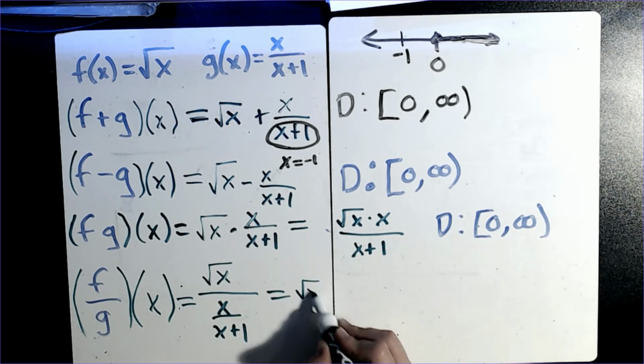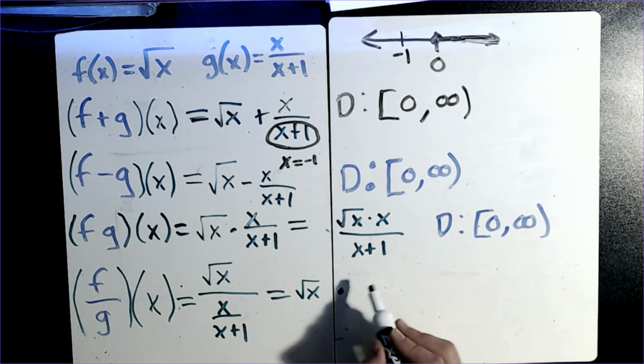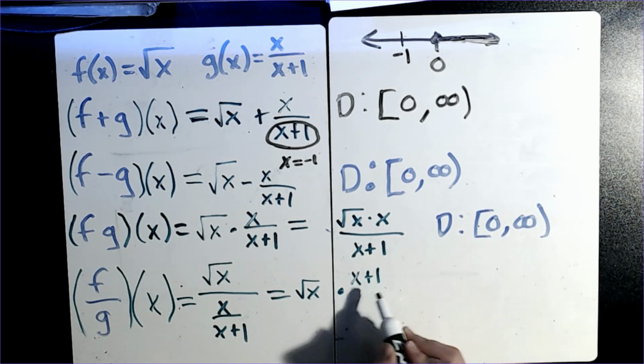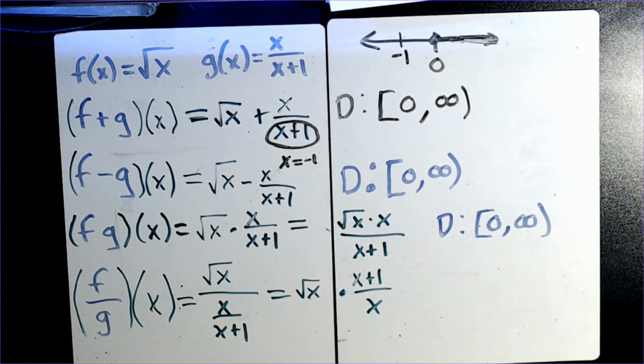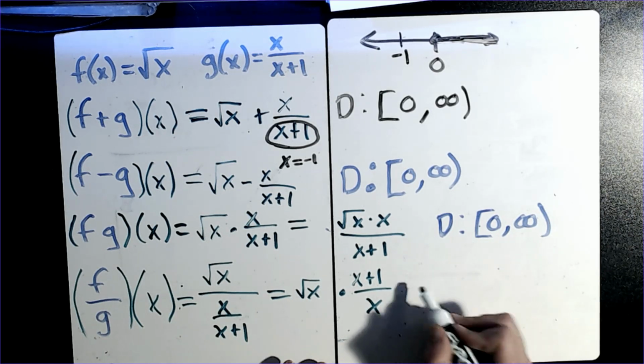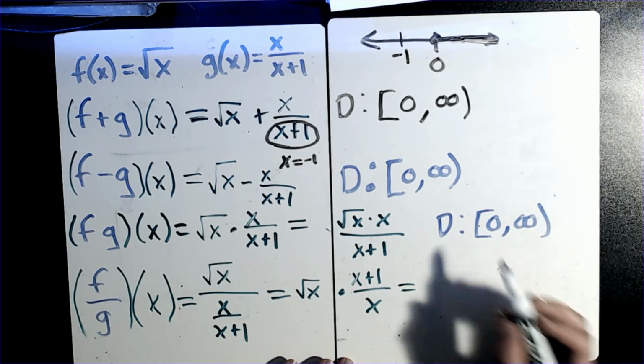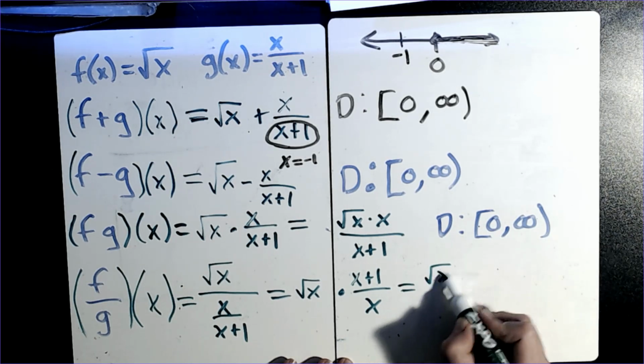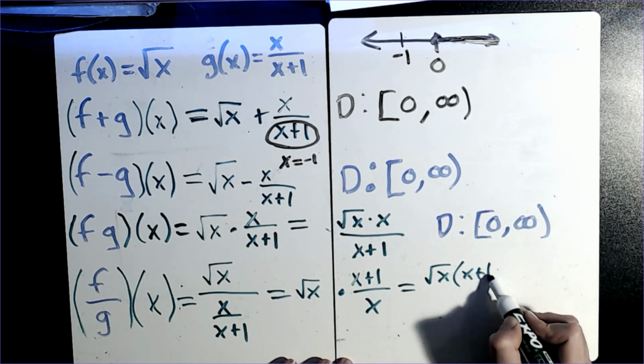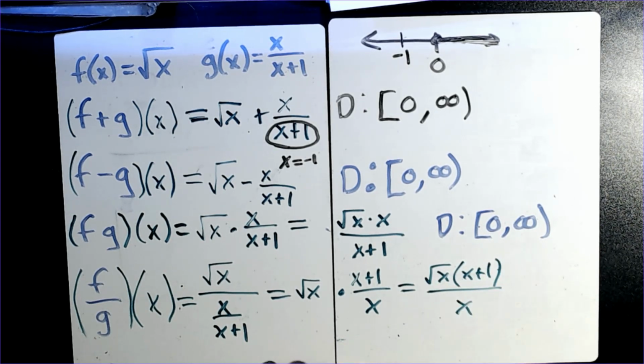So we get square root of x times x plus 1 over x. And so we end up getting this, square root of x times x plus 1 over x. Now the ones on the homework I don't think will be this nasty.